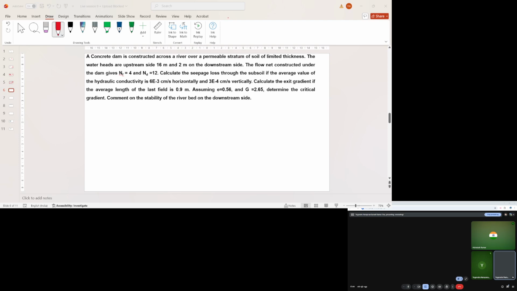So what is the formula for seepage loss? Q is equal to K effective into head difference into NF by ND. Right? So how will you calculate K effective?